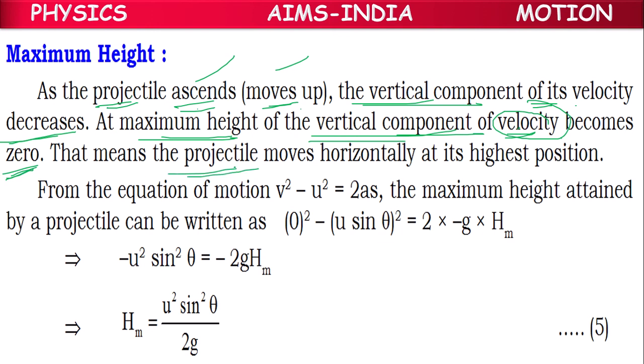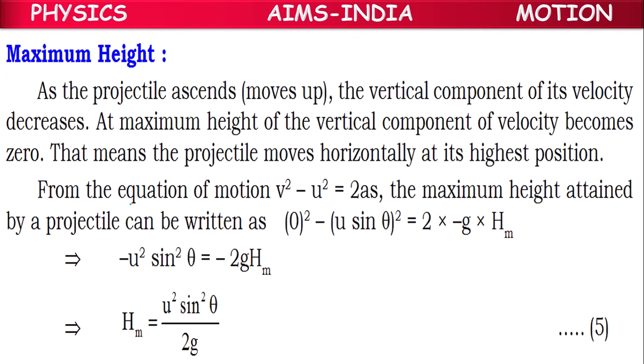Means the projectile cannot move vertically at that place. It can move only horizontally at its highest position, because vertical velocity becomes 0.